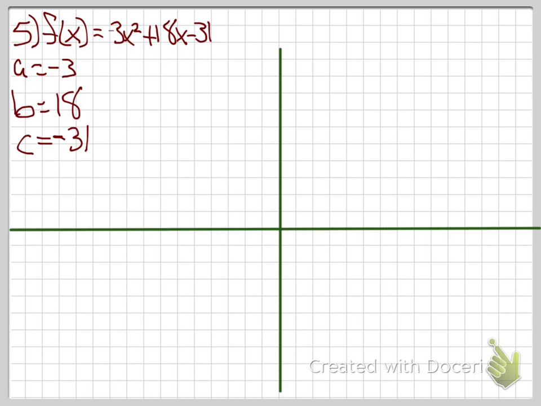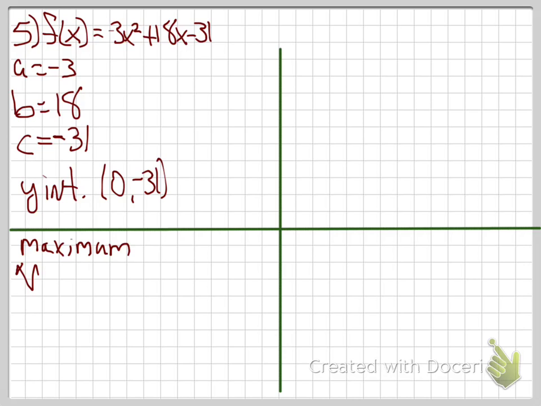trace, graph trace. You'll also see that your y-intercept is 0, negative 31. That's way down there. And it should tell me my maximum is at 3, negative 4. When it tells you maximum or minimum, remember, that's your vertex.